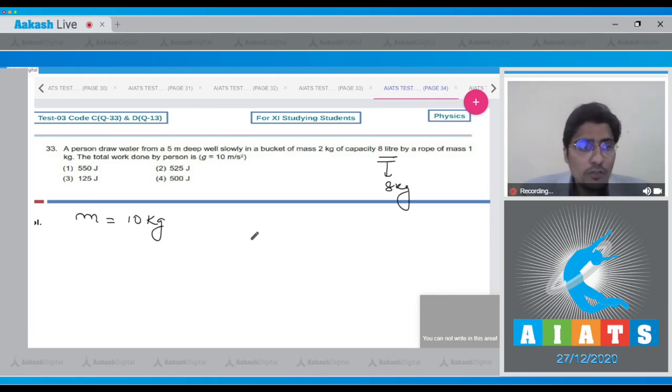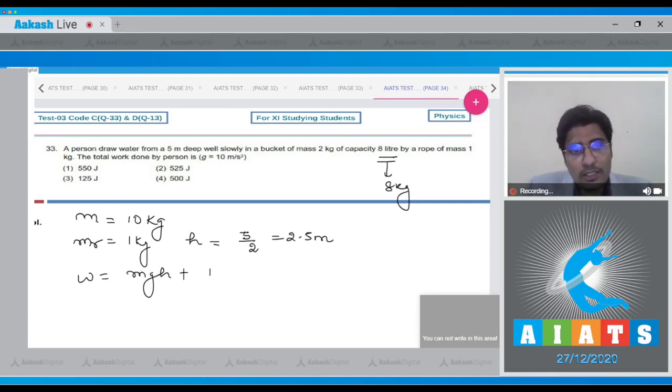And the mass of the rope can be assumed to be at its center of mass, and the mass of rope mr is given as 1 kg, and it will be at a height of 5 by 2, that is 2.5 meter. The total work done will be equal to mg into h plus mr into g into h by 2.